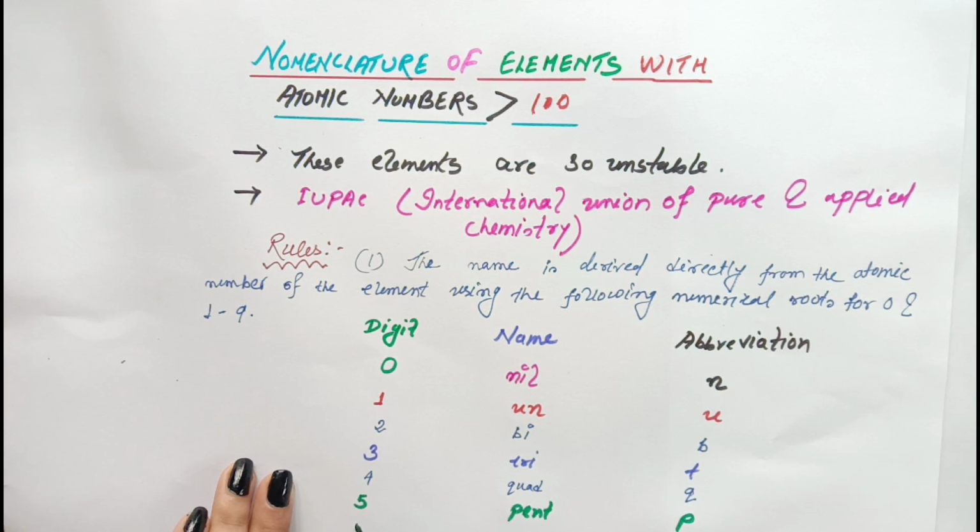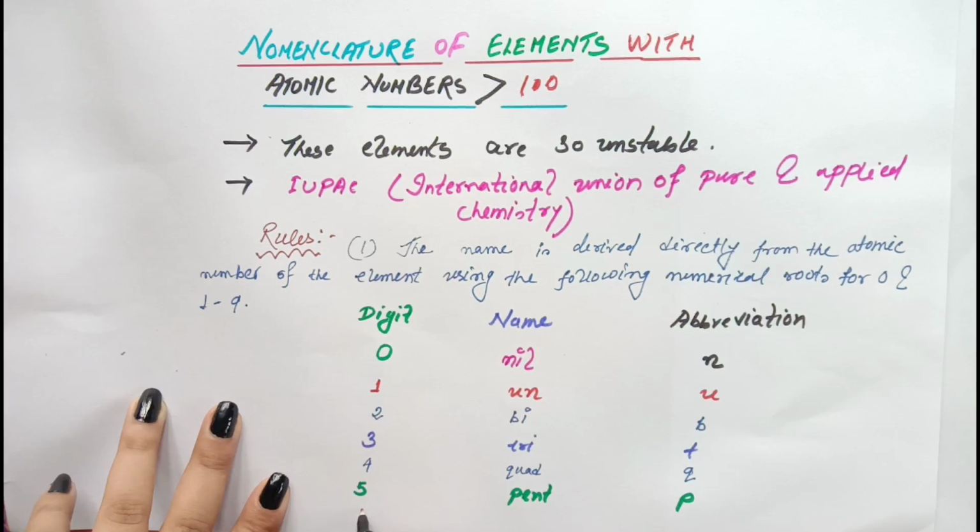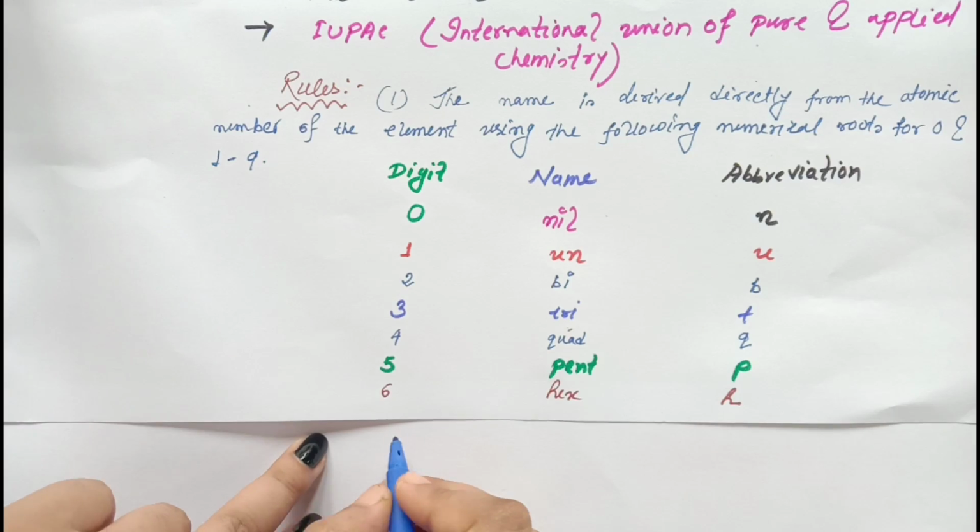Similarly, for the digit 5, the name will be pent, abbreviated as p. For the digit 6, the name will be hex, abbreviated as h.